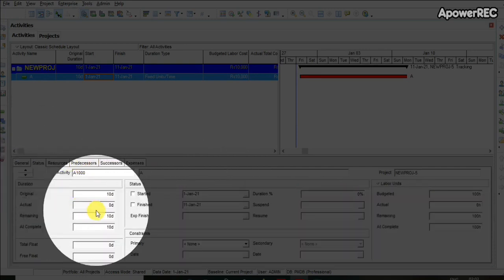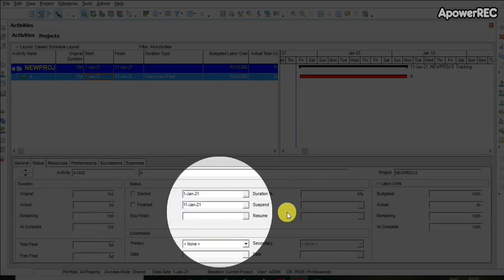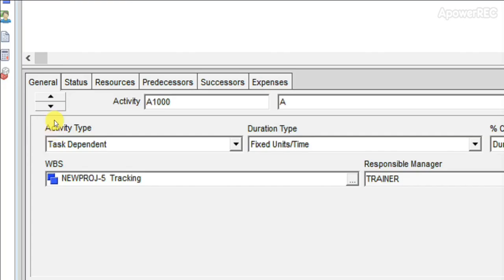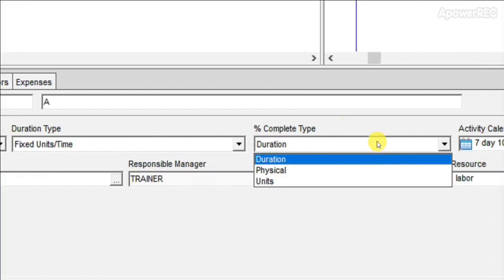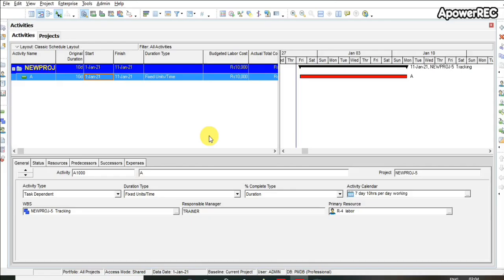Now you can see in the status that the duration is 10 days before starting the activity, and the budgeted unit is 100 hours of labor. Now in the general activity table, we will select the percentage complete type. The first one is the duration type.